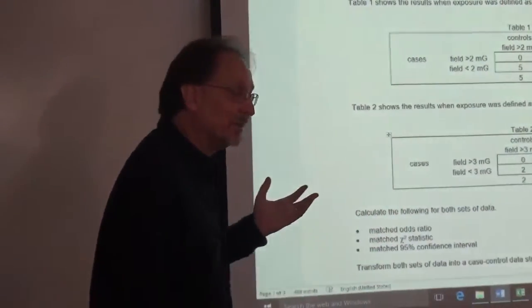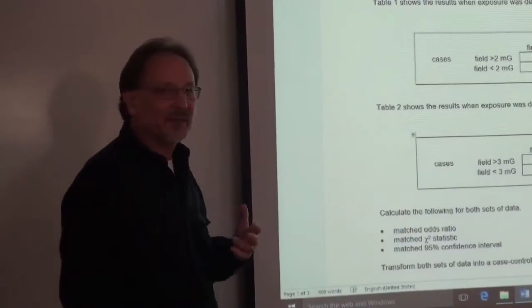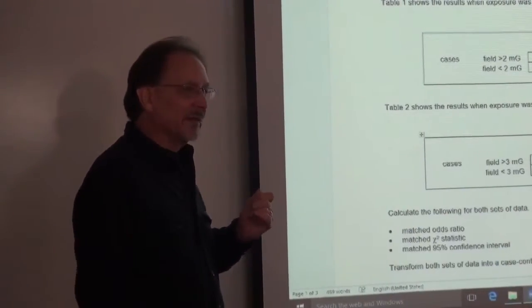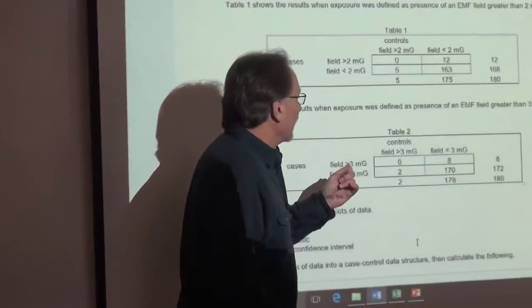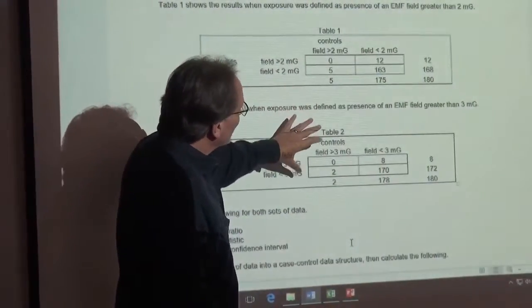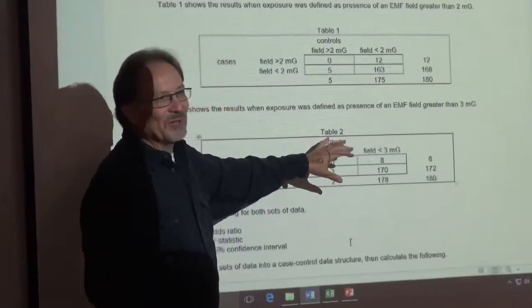In this case, it would be a logistic regression, which we'll be talking about. That's our next topic after this, because that's what you do with logistic regression. And then you can tell whether there's a significantly increased risk per milligauss exposure.